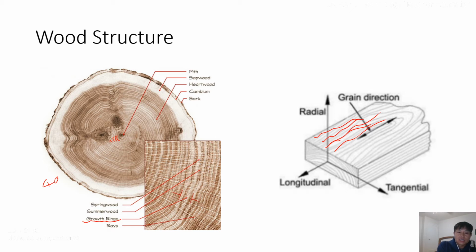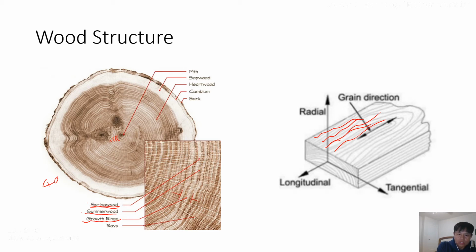This is because as wood grows, it creates different patterns by these types of wood, spring wood and summer wood. Spring wood means the wood grown in spring, but summer wood means grown in summer or autumn.